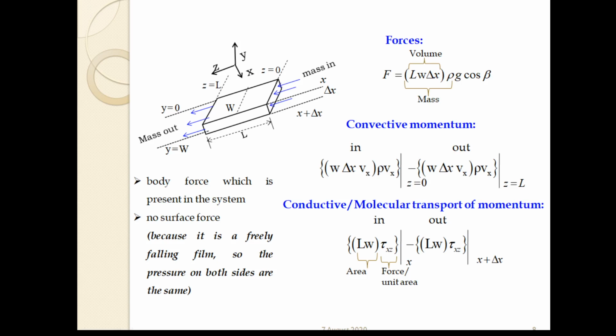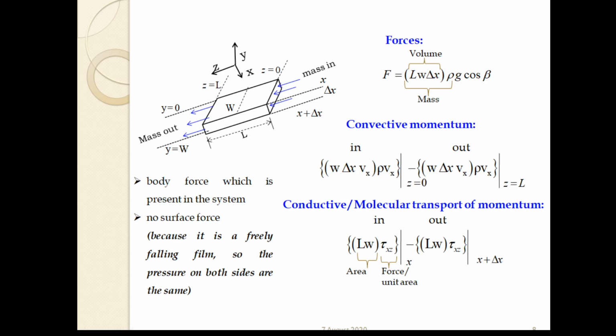And after simplifying and double integrating this equation, we find rho g delta cos beta into L into W. It is the z component of the weight of the entire fluid present in the film on the plate.